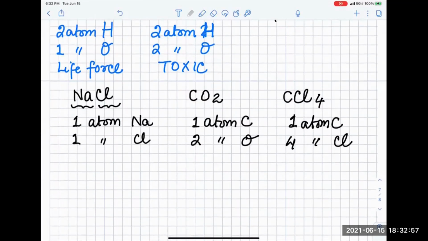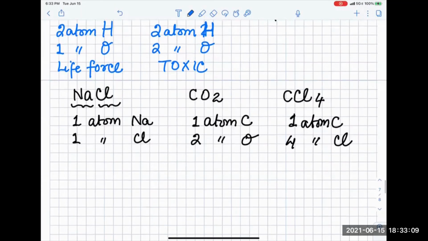For example, you have a formula such as, let's see, from your book. Okay, let's do this. For example, you have a formula such as Mg(OH) in brackets, the whole thing twice. Now, what does this mean?